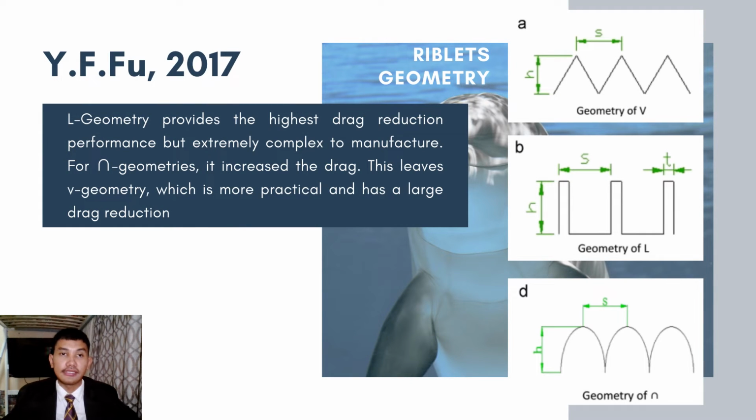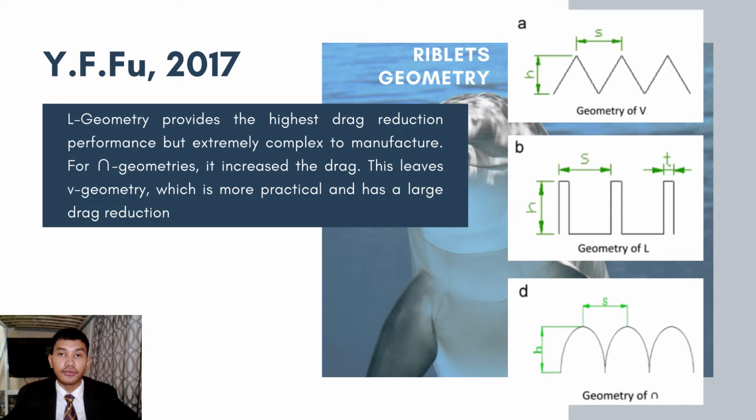Moving to the riblet design. As at the right of the slide, in the YF report, it concludes that L-shaped geometry provides the highest drag reduction performance but is extremely complex to manufacture. For a shape like arc geometries, it increases the drag instead of decreasing it.